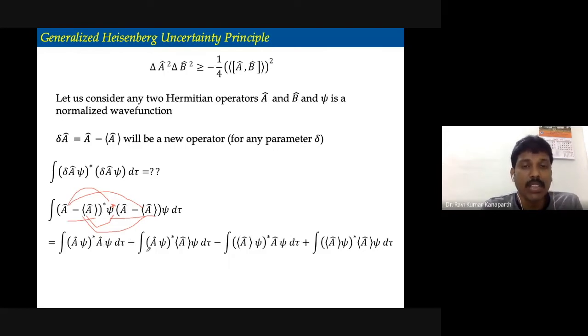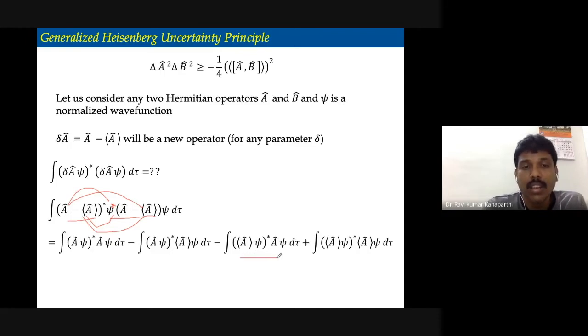The second term is again the complex conjugate of A psi multiplied by the expectation value of A, the average of A, multiplied by psi d tau. Then when you multiply the second term in the first product with this one, you get this.